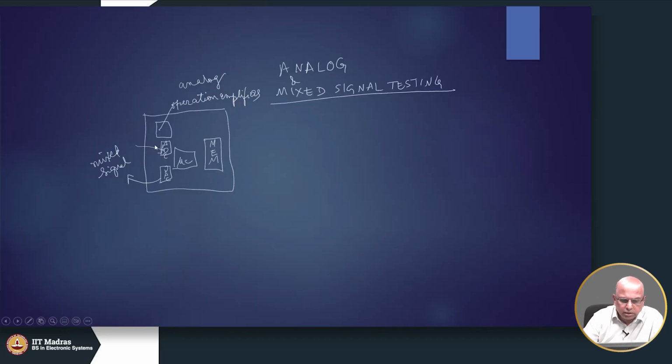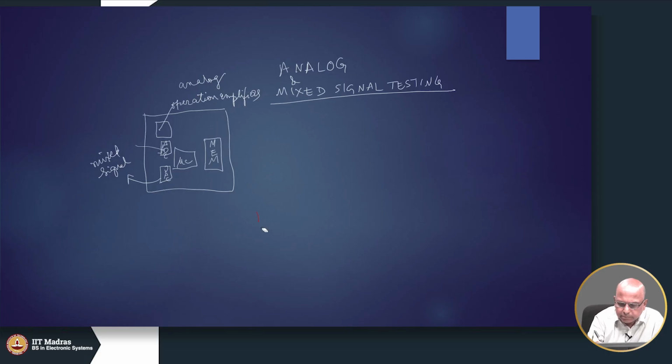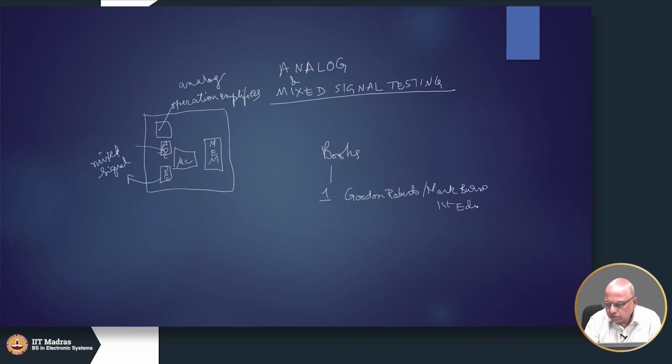So, let me just write it down. Books are: number 1 is, I think, Gordon Roberts and Mark Burns. First edition is available in Indian edition.